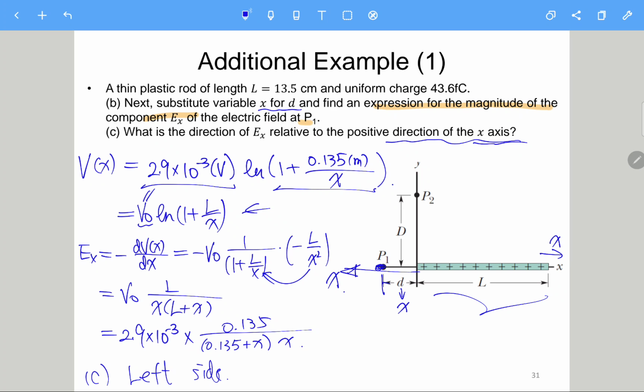So it makes the whole expression really strange. It should be like minus x rather than x. But it doesn't really matter. This is good enough. So any questions?